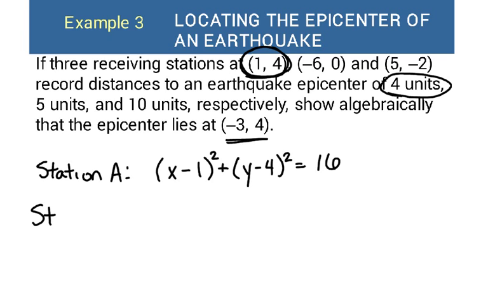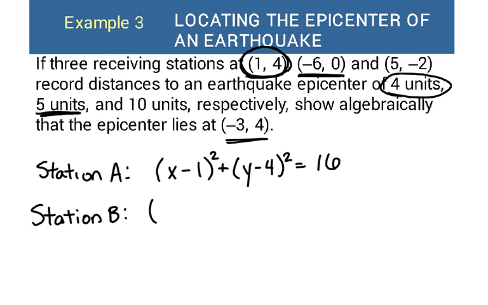Let's go ahead and find station B and C also. Then we'll substitute in (-3, 4) for each one of these. So here we go. Going to use (-6, 0) and then 5 units to help us find our radius.